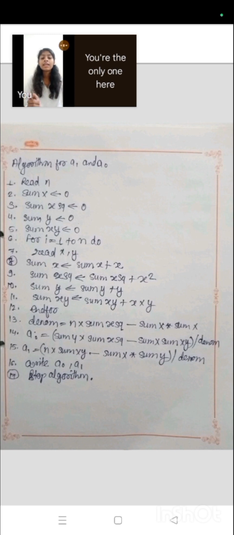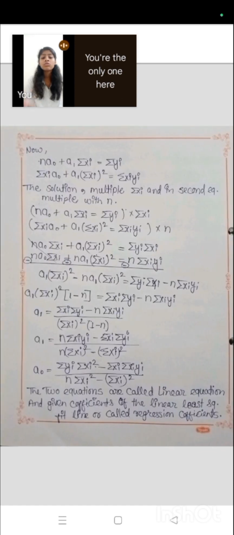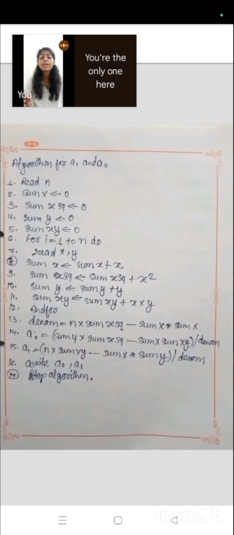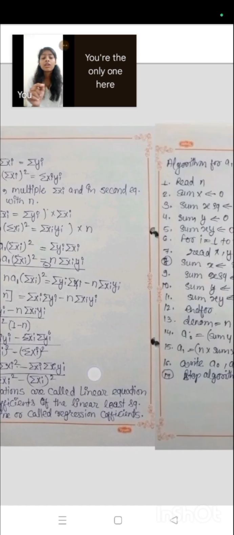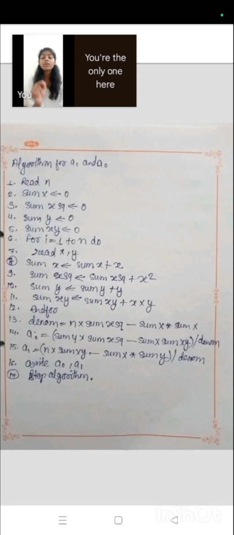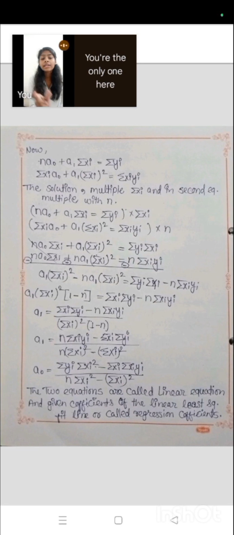Okay, then we write the a0 value. The a0 numerator is summation of yi and summation of xi square, so here we write summation of y into summation of x square minus, and in the next term summation of xi into summation of xi into yi.